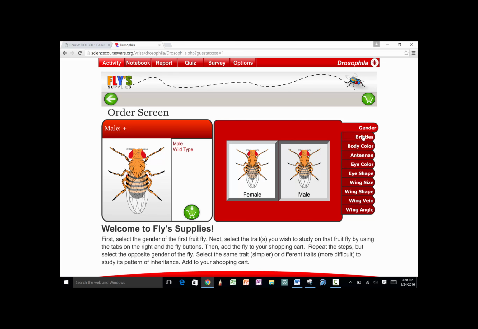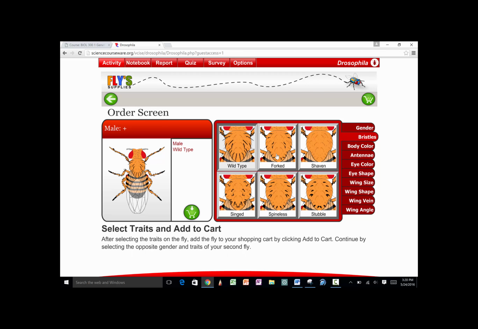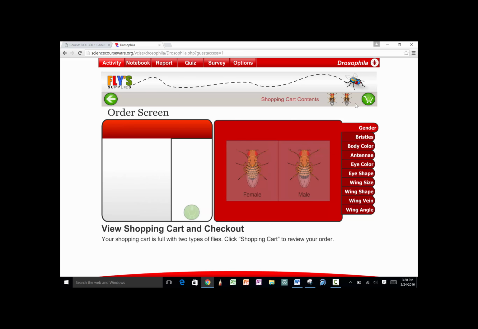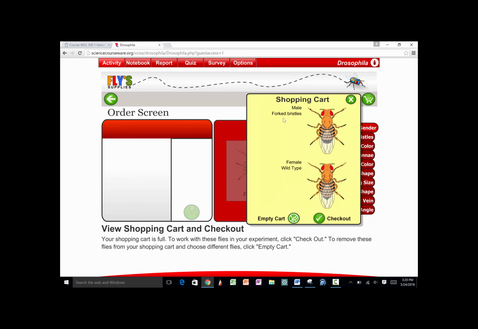I want my male to be forked. Why wasn't my male forked? Female wild type. So what do we have in there? Yeah, okay, there we go. Male forked, female wild type. All right, good.